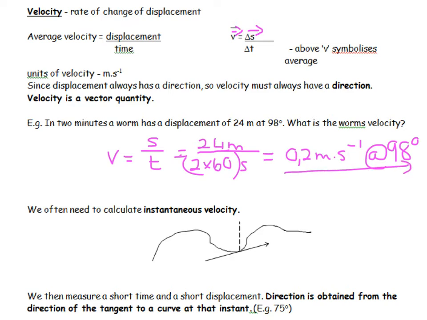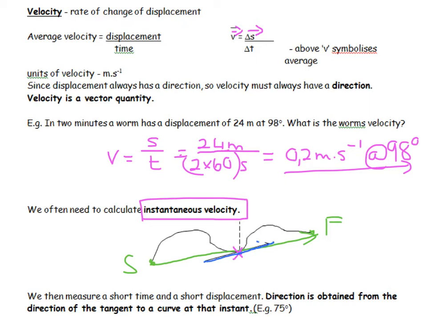If I needed to calculate the instantaneous velocity, suddenly I'd need a direction. So in this particular situation here, we've got an object moving from the start to the finish, and its average direction would be on a resultant line like that. But at the instant that I've marked here, I draw what's called a tangent to the curve.